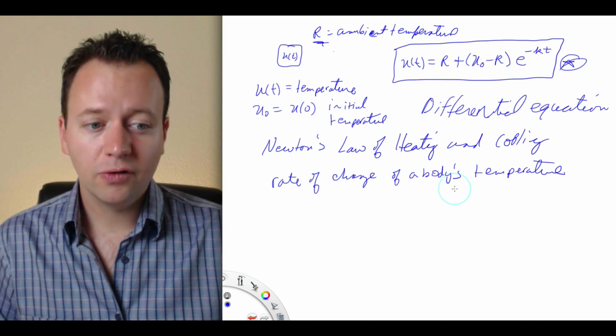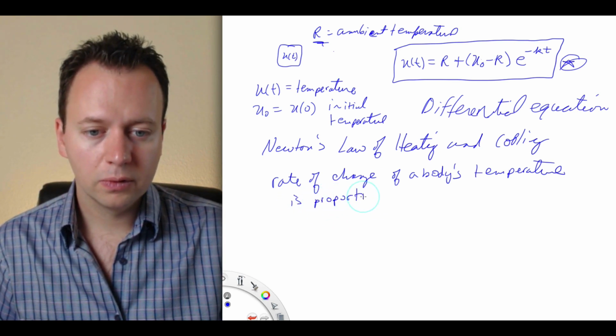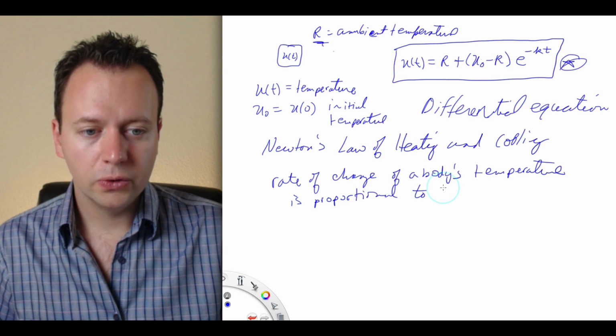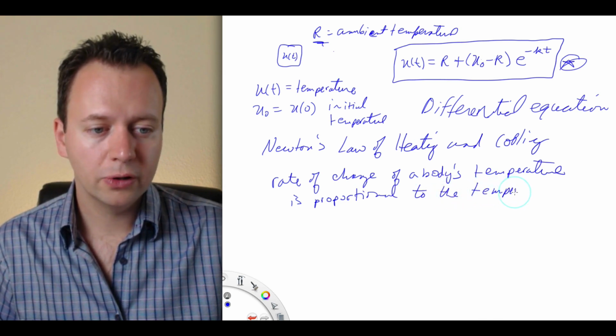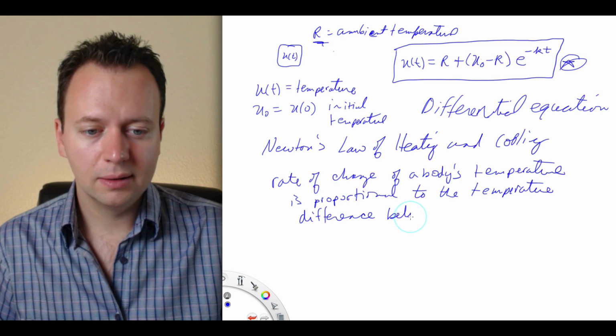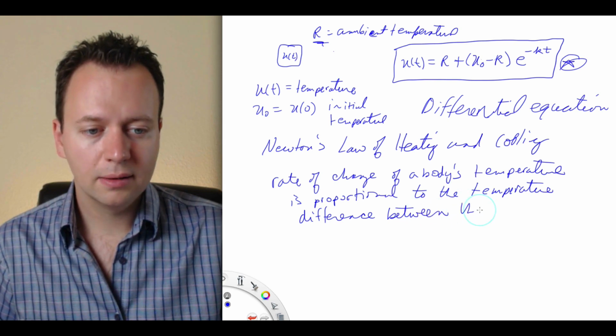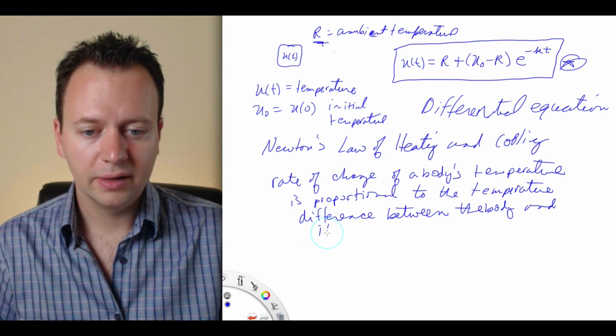So the rate of change of the body's temperature is proportional to the temperature difference between the body and its surroundings.